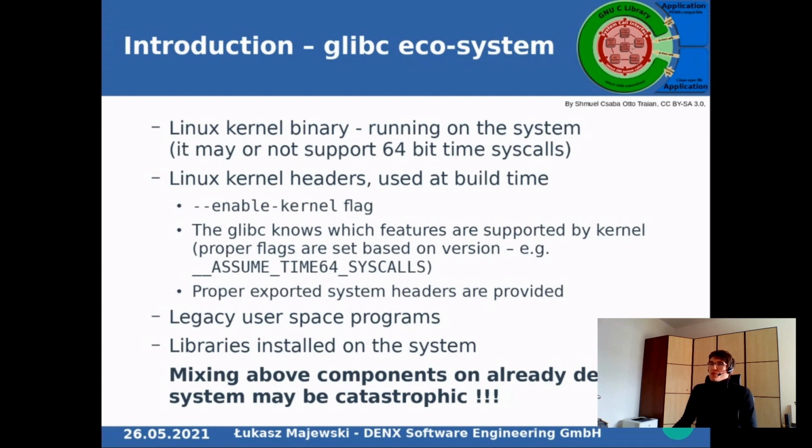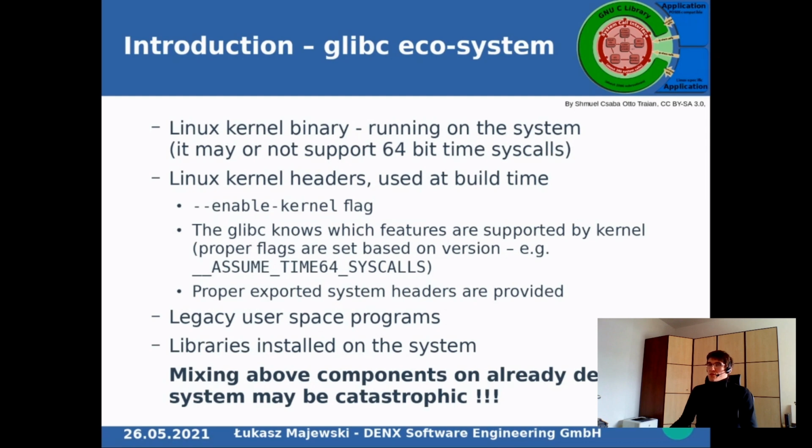So how is it built in the overall ecosystem for an embedded project? First of all, we might have a Linux kernel binary, which is prepared to work after the year 2038 threshold time or not. And this kernel binary should be in sync with the Linux kernel headers, which are used during building glibc itself.